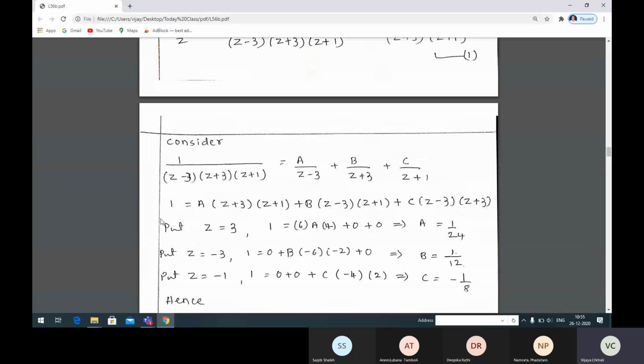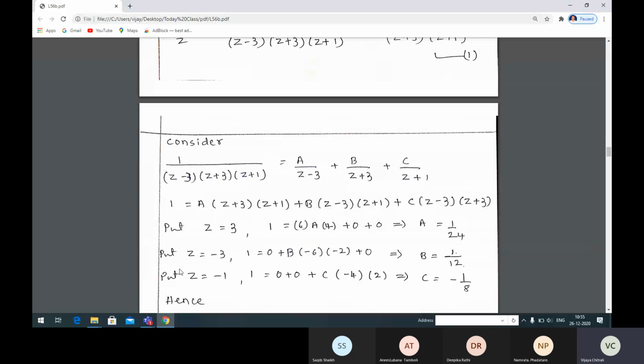So we get 1 is equal to a into z plus 3, z plus 1, plus b into z minus 3, z plus 1, plus c into z minus 3, z plus 3.